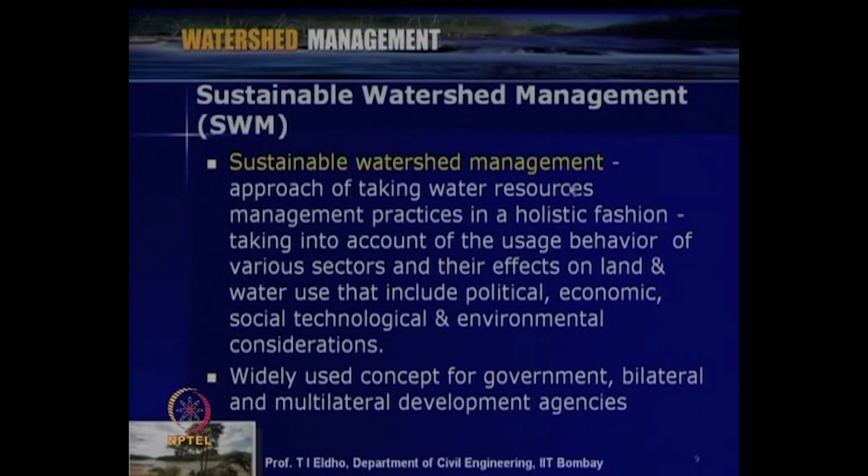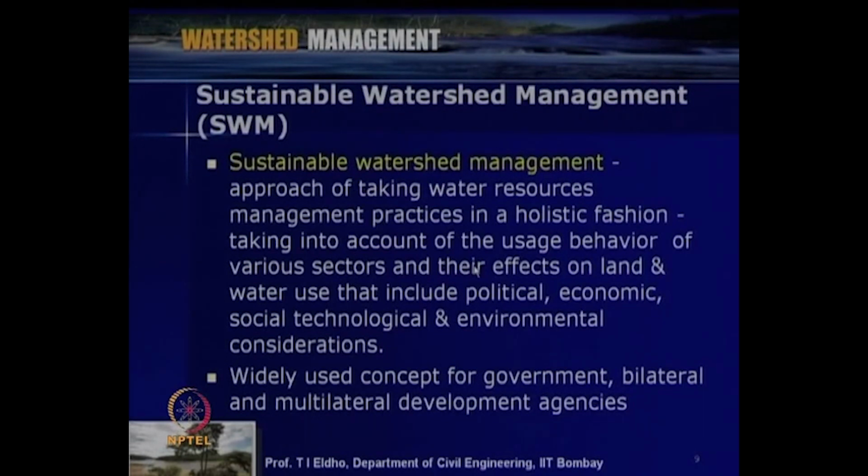Sustainable watershed management is an approach of taking water resources management practices in a holistic fashion, taking into account the usage behavior of various sectors and their effects on land and water use, that include political, economic, social, technological and environmental considerations. So, this is a broader definition of sustainable watershed management.